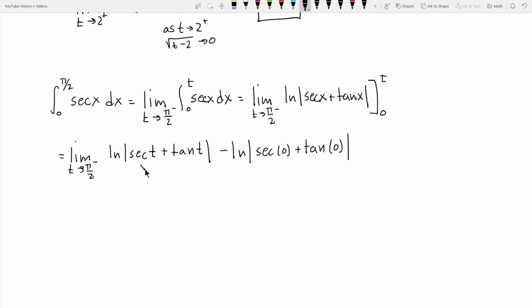So the natural log goes to positive infinity. The second one is a constant, but it doesn't matter. This whole thing goes to infinity. That means the antiderivative from 0 to pi over 2 of secant x dx diverges.